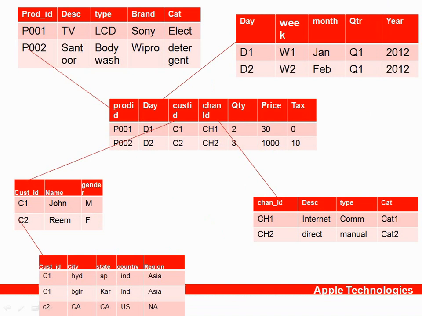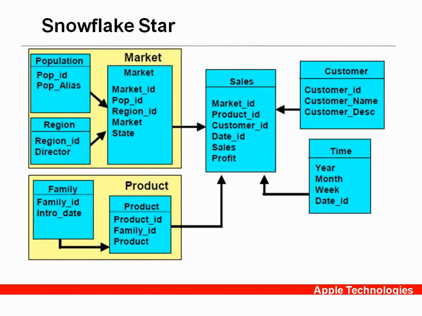Splitting means, technically, normalizing. So when you create tables like this, you lose the star diagram, because I have a fact table, one dimension, and another dimension joined to that dimension. That's why we lose the star behavior here.